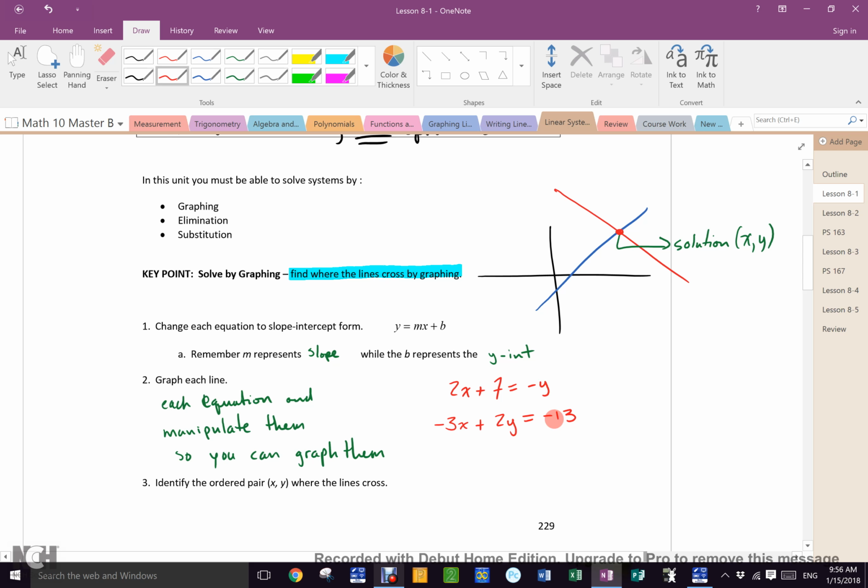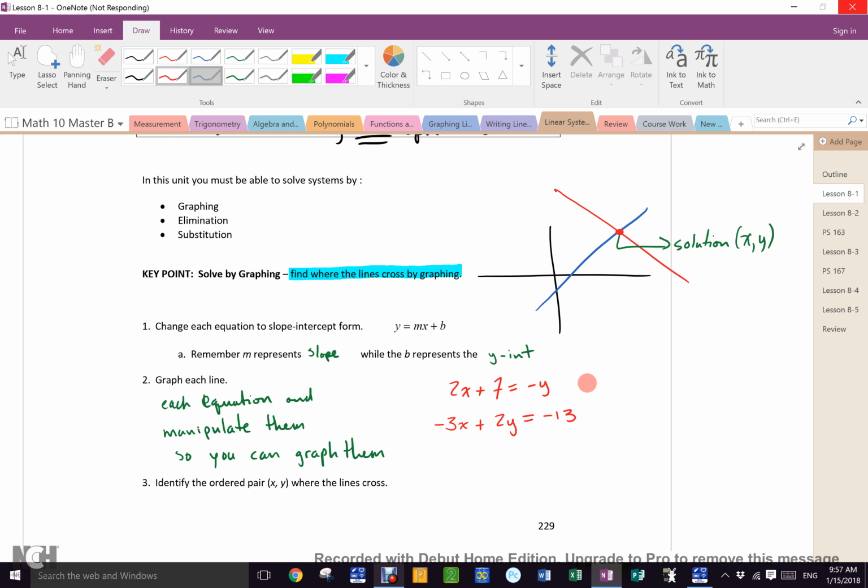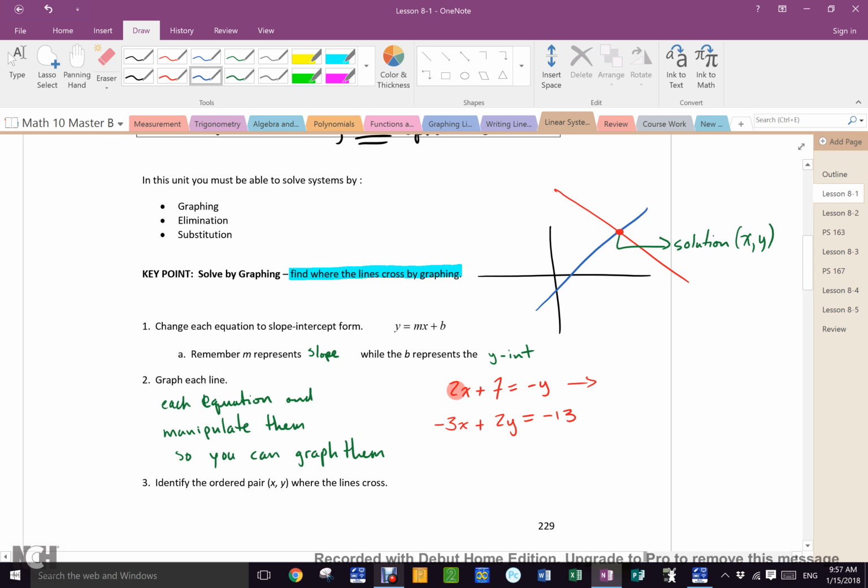Now, what would you do with those two? You can't solve them. You take each equation, you manipulate them so you can graph them. So what would I do with those two to make them easier to graph? What am I going to do with that first one so I can graph them?